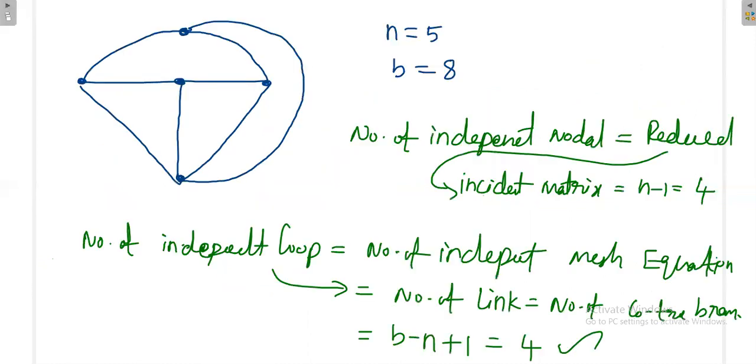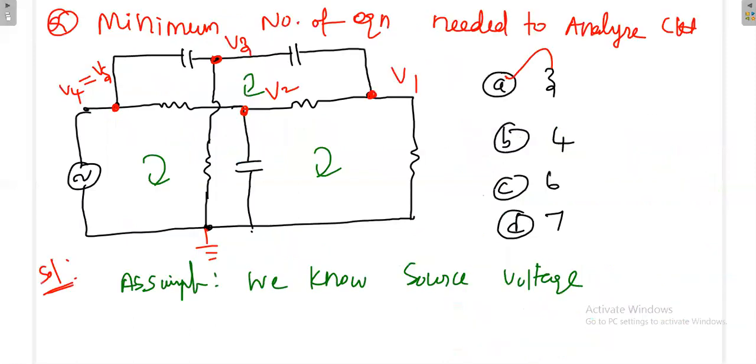The formula is giving the correct answer, it gives 4, but out of these 4 unknown nodal voltages, you already know one node voltage, so only 3 node equations have to be formed. So 3 is the answer. That's why you always have to apply common sense, even if the formulas are not there. Okay, next question.